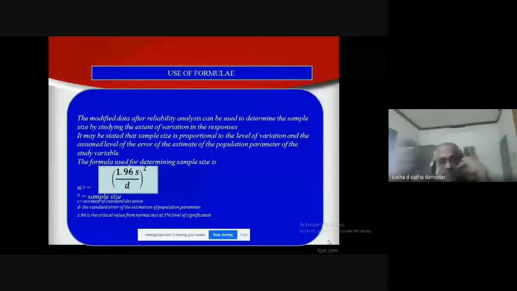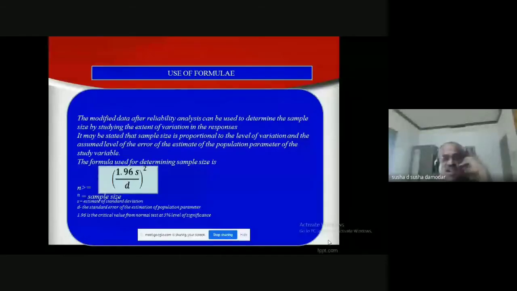At the 5% level of significance, the value of Z is 1.96. And I already mentioned the parent population from where the sample is drawn is normally distributed. Based on this condition, the value of Z at a 5% level of significance is 1.96.